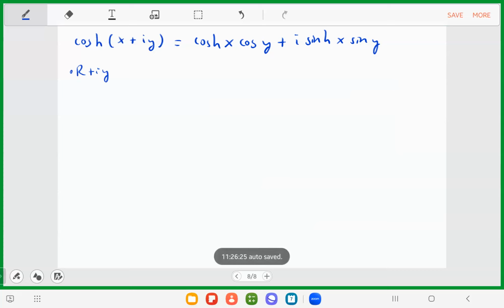So when r goes to infinity, the hyperbolic cosine and the hyperbolic sine are both going to go to infinity.